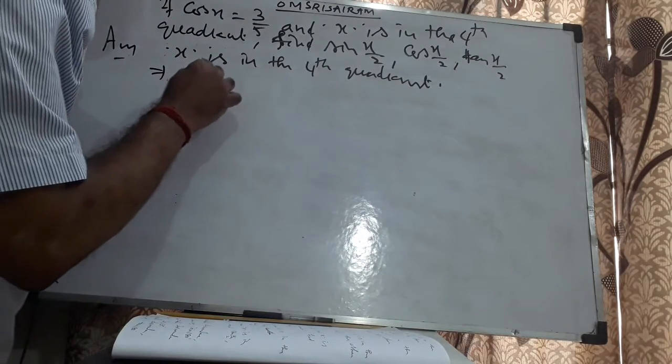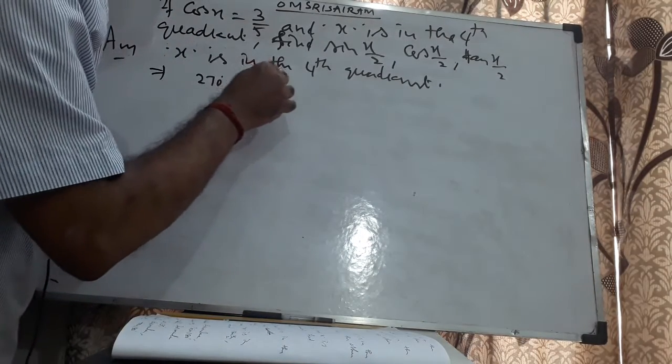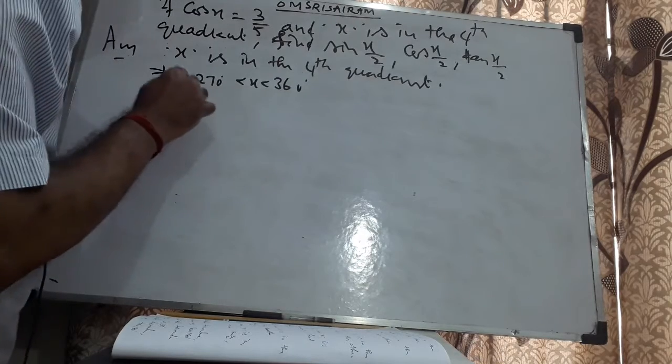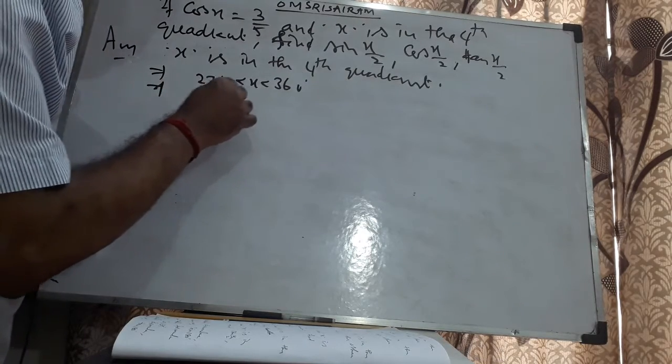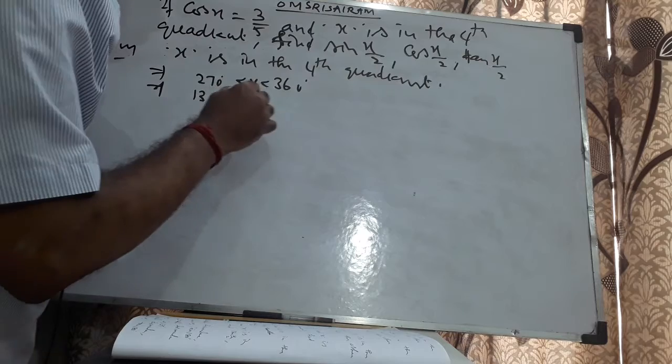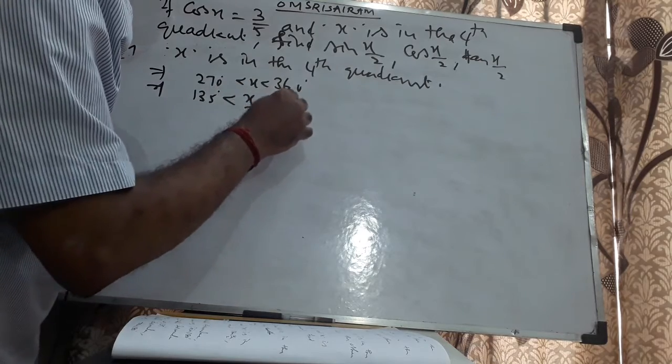What does it mean? 270 degrees less than x less than 360 degrees. If x is divided by 2, that tells you 135 degrees less than x by 2 less than 180 degrees.